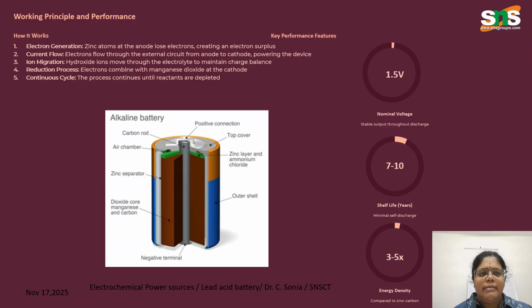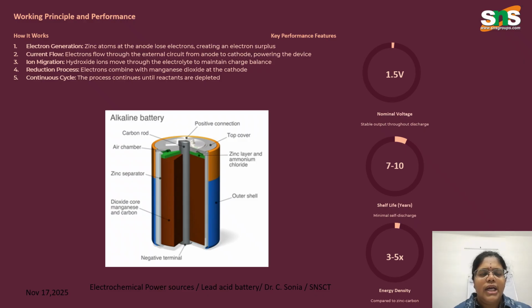Working principle and performance. How it works: the alkaline battery has various steps, that is electron generation, current flow, ion migration, reduction process and continuous cycle. In electron generation, the zinc atoms at the anode lose electrons, creating an electron surplus.